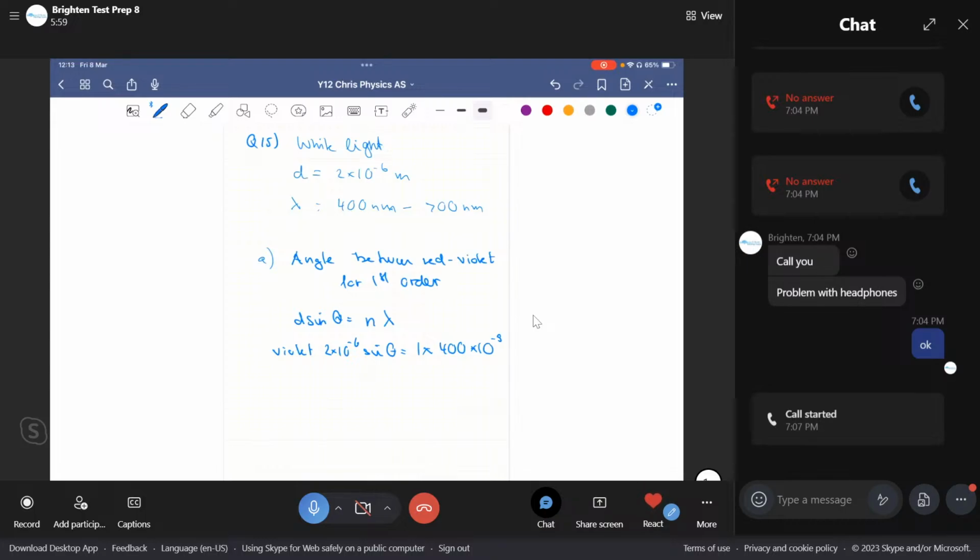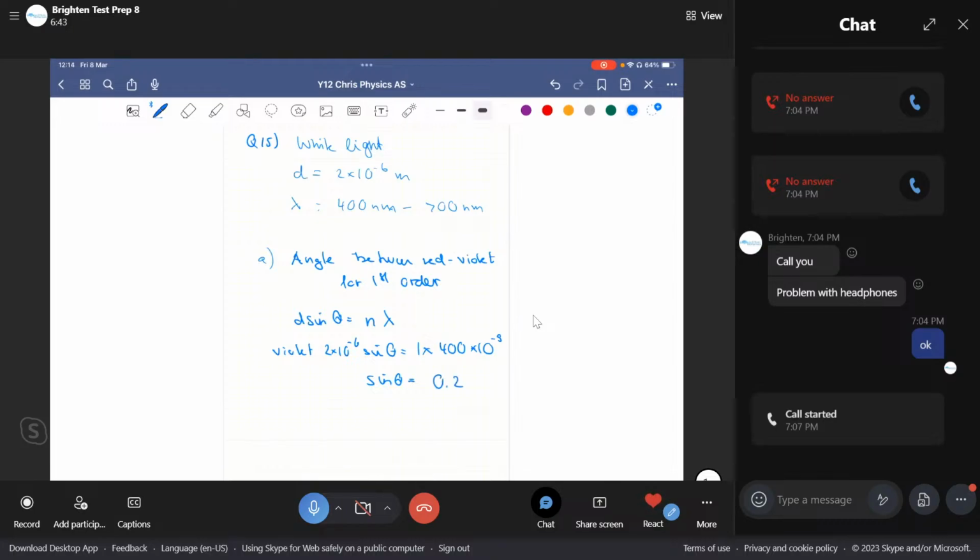So we get for sine theta: 400 times 10 to the power of negative 9 divided by 2 times 10 to the power of negative 6, so 4 times 10 to the power of negative 7 divided by 2 times 10 to the power of negative 6, which is 4 over 2 times 10 to the power of negative 1, and then it's 0.2. Okay, very good.